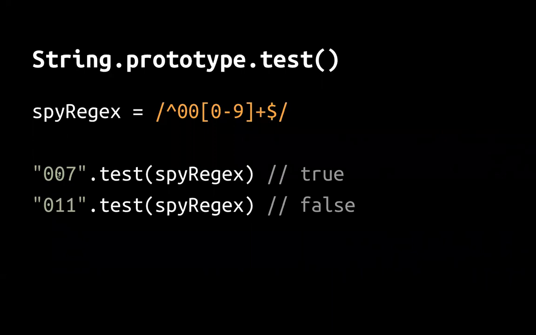So I can check that 007 is a valid name for a spy that has license to kill. 011 is not, so that returns false. That's one way of using regular expressions to test against strings.